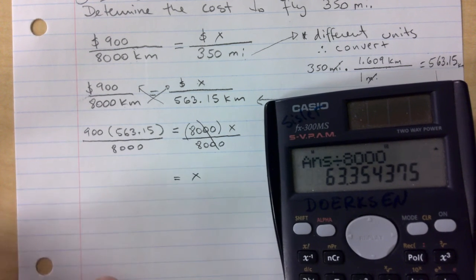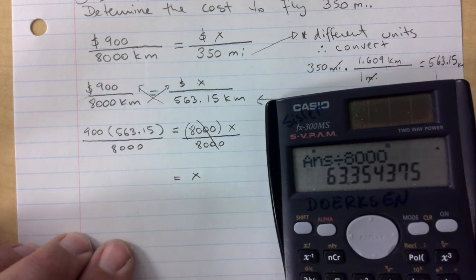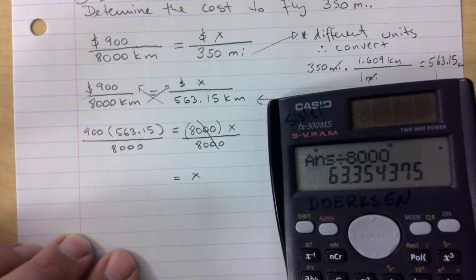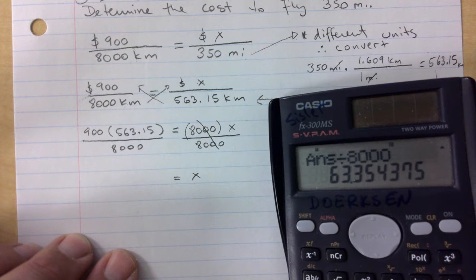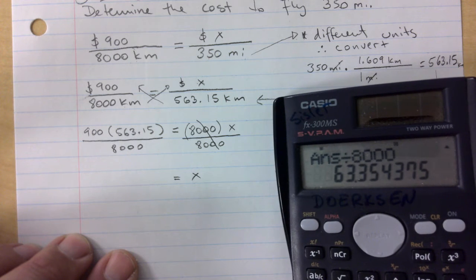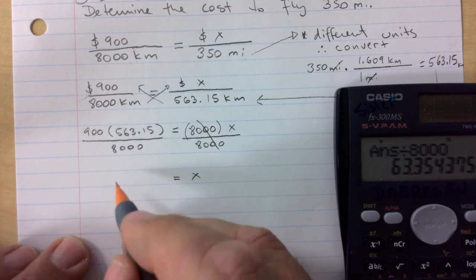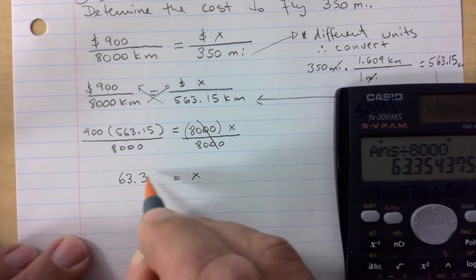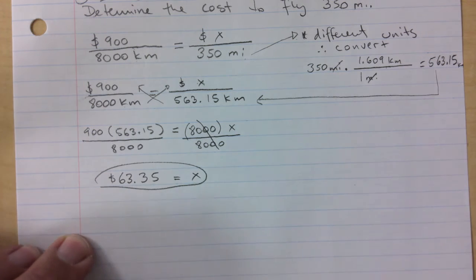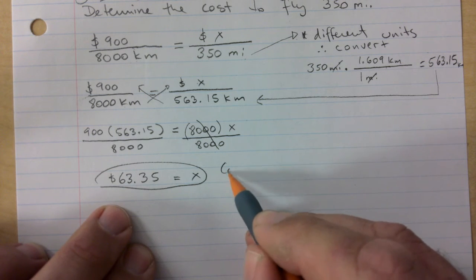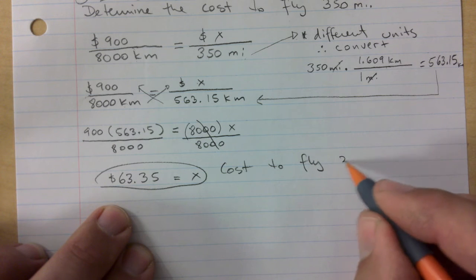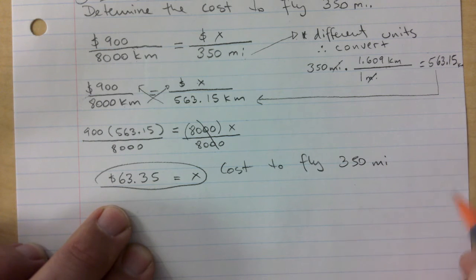So you get 63.35, and this should be in dollars, so we can round to 2 decimals here. No whole numbers. Always look at the context, right? 63.35. And you can just write down here cost to fly 350 miles.